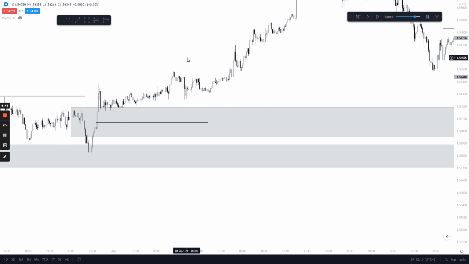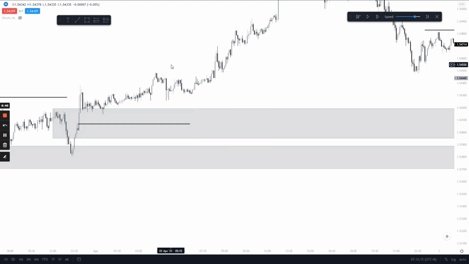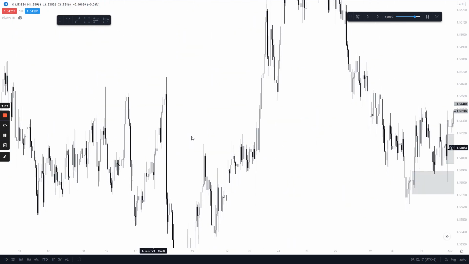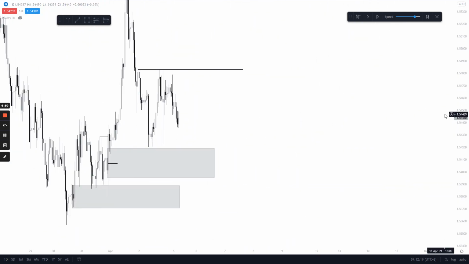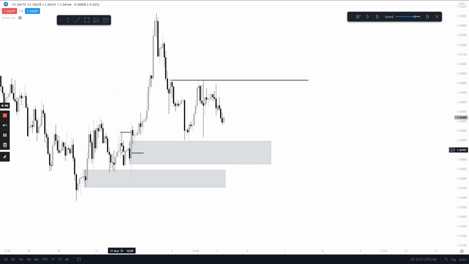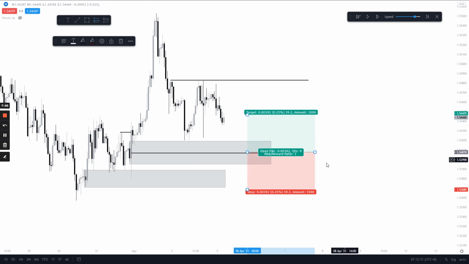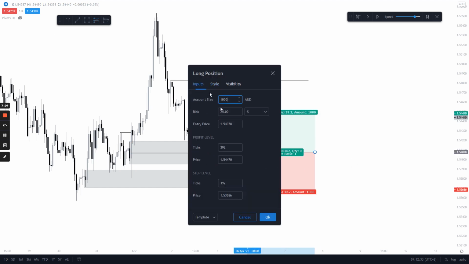So let's just go on to the 1-hour time frame again, just to draw out the line easily for ourselves. As you can see here, this is where the 5-minute point of interest is, and just below that is my stop loss. My exact numbering for my entry was, I have it right here.